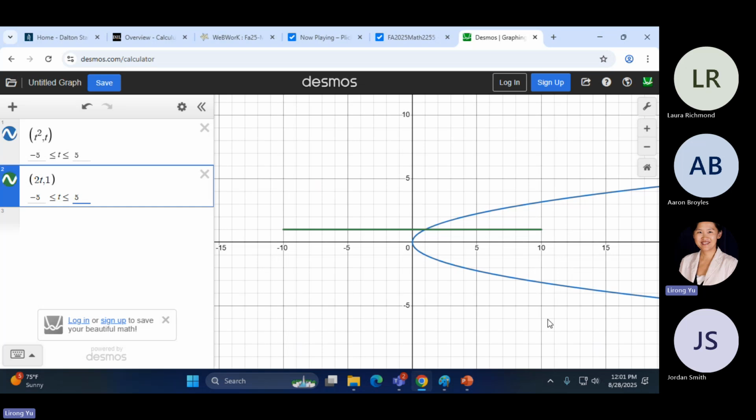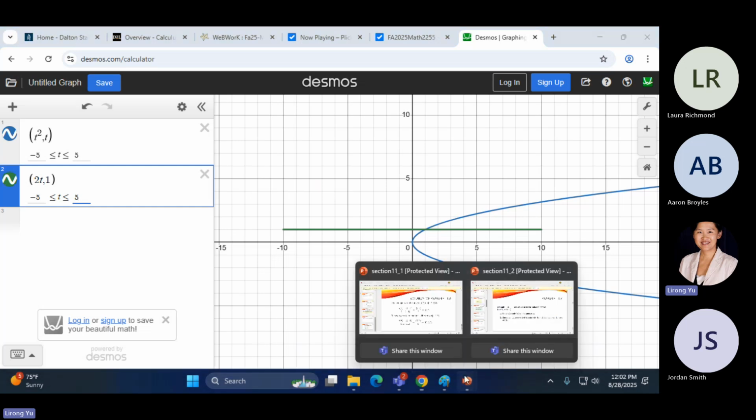So the x value has been increasing way faster when t is positive, but the y value is still increasing, with x increasing much faster than y. The y is constant as far as speed. Okay, so it represents the rate of change in two separate ways, the x direction and the y direction. And that was the graph.